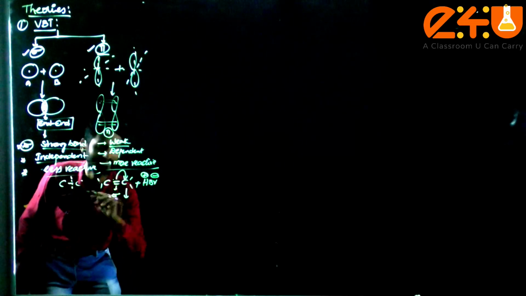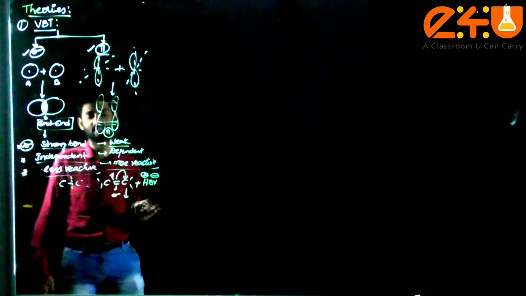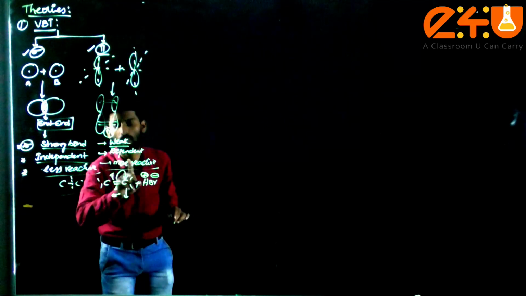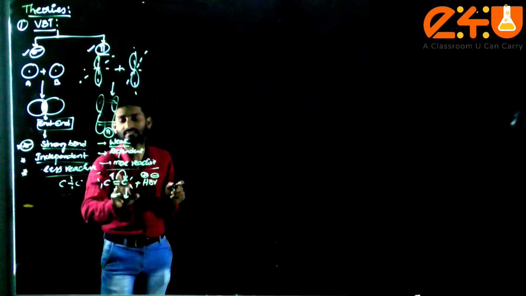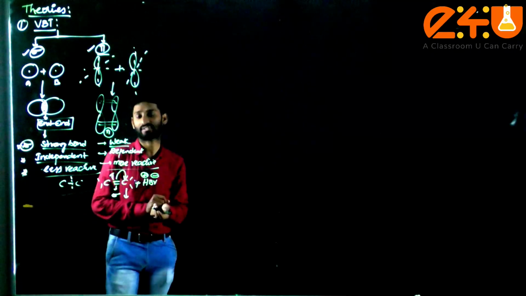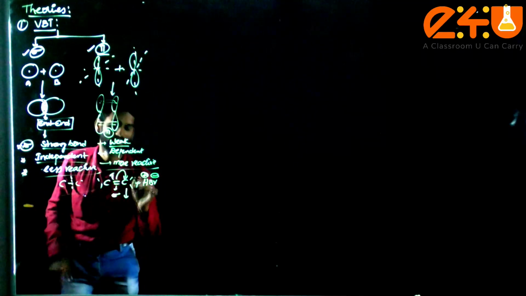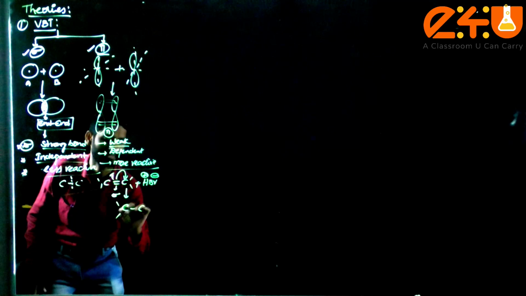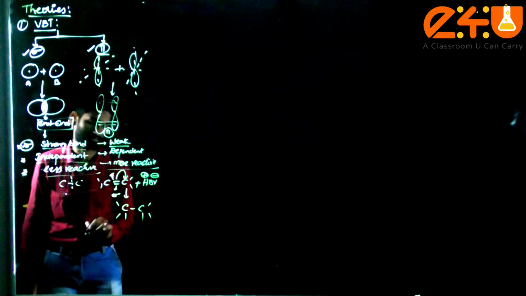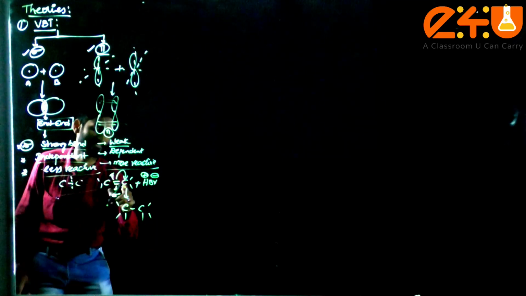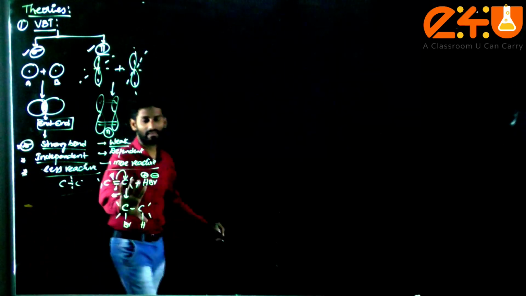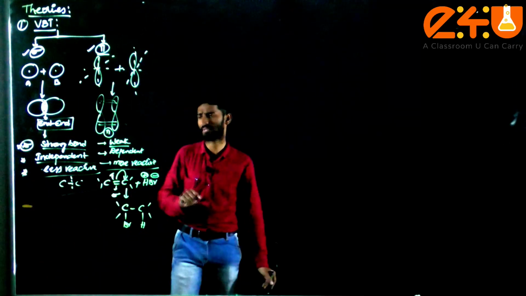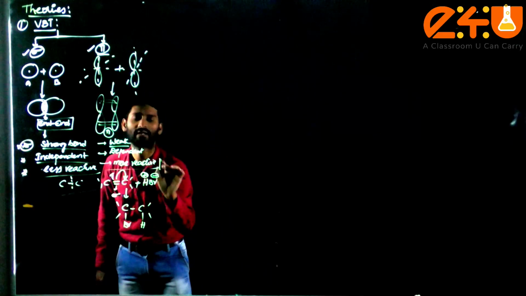This bond is called a sigma bond, and this bond is called a pi bond. The pi bond is more reactive. Whenever any reagent comes and attacks, the pi bond shifts first, the sigma bond does not shift, so that it forms an addition product, with H and Br added. This is the way the addition reaction takes place, and this is more reactive.